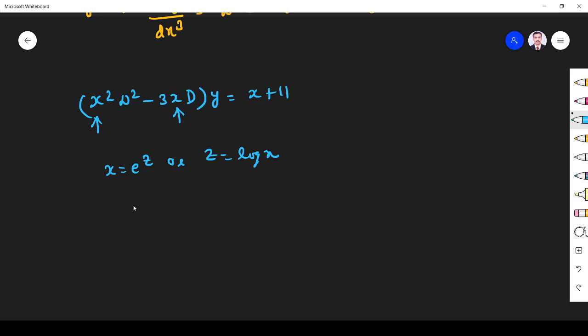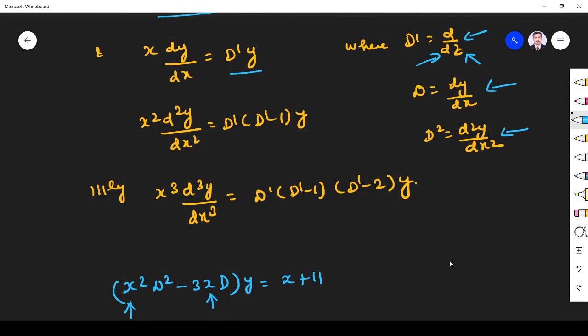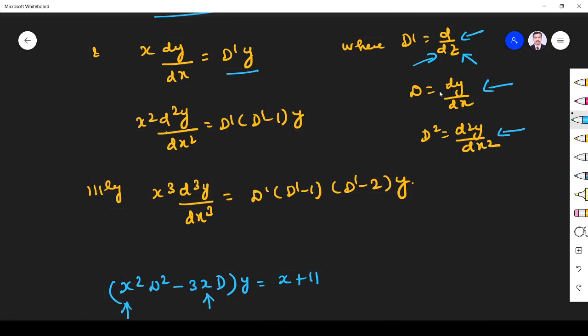We replace xD by d dash, since D is dy by dx.